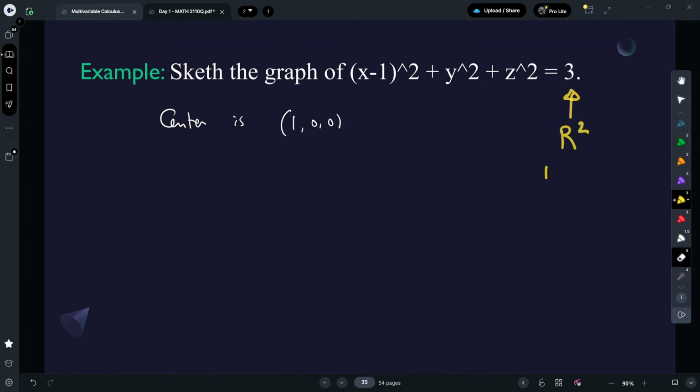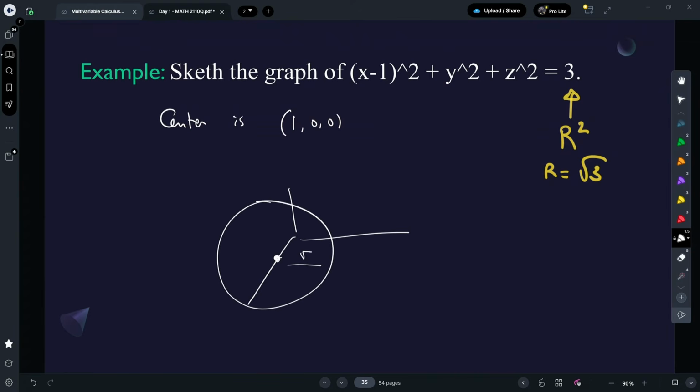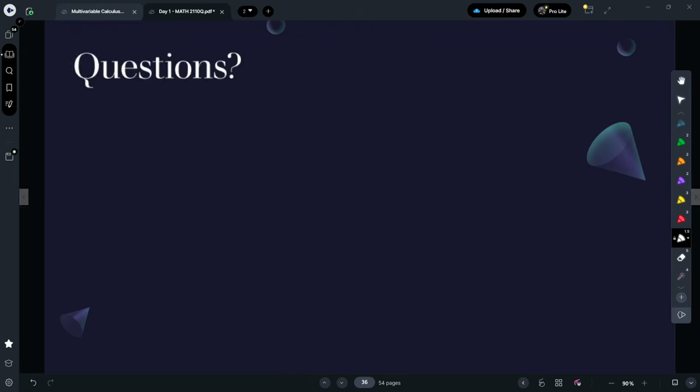So the radius has to be plus or minus the square root of 3, but a radius of minus the square root of 3 would not yield anything. So it's plus the square root of 3. So it is a sphere, center at 1, 0, 0. So if I put 1, 0, 0 right here, it's a sphere like this, and the radius is the square root of 3. There, it looks a little bit like a sphere. All right, any questions so far?